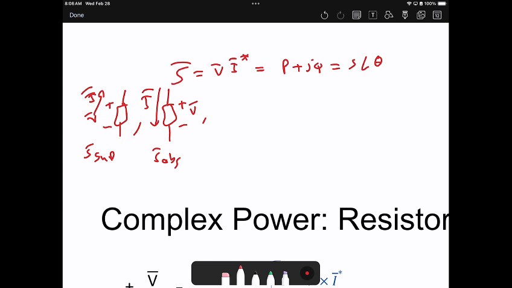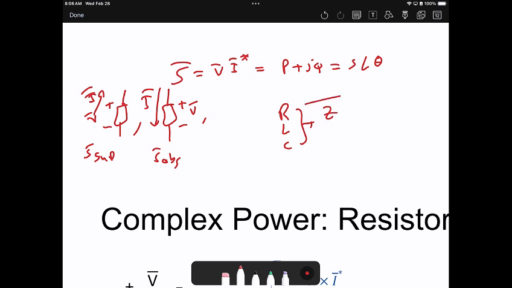Now, the next thing is to find the complex power for the passive elements like inductor, capacitor, resistor. How can I calculate the complex power for inductor, capacitor, and resistor? We know R, L, or C. In phasor domain, there will be Z, right?